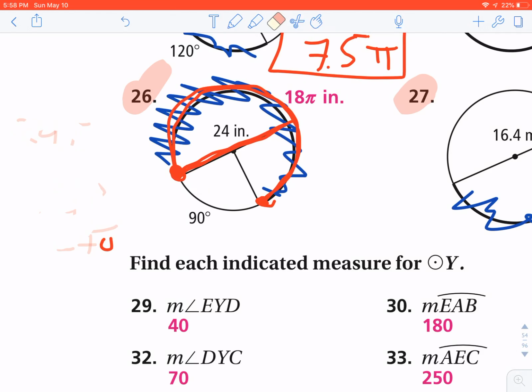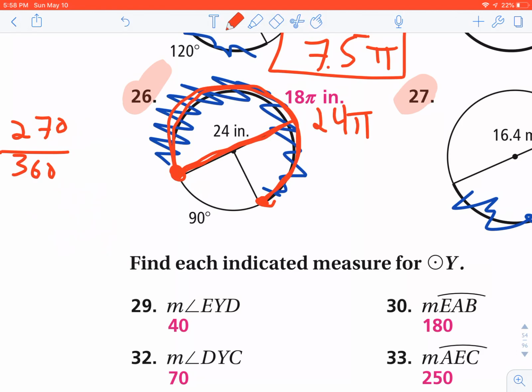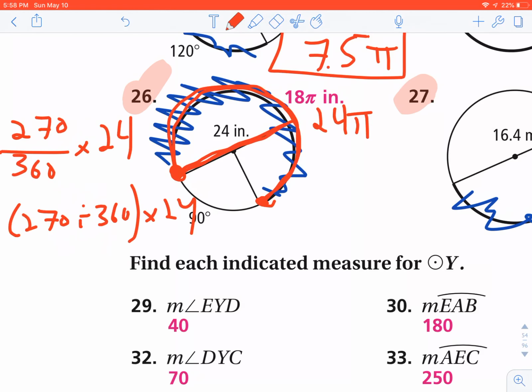So your 24 pi was your circumference. So you want 270 out of the 360 times 24. So in your calculator, 270 division button 360 times 24. When you hit enter, it should give you 18, and you attach pi there on the end.